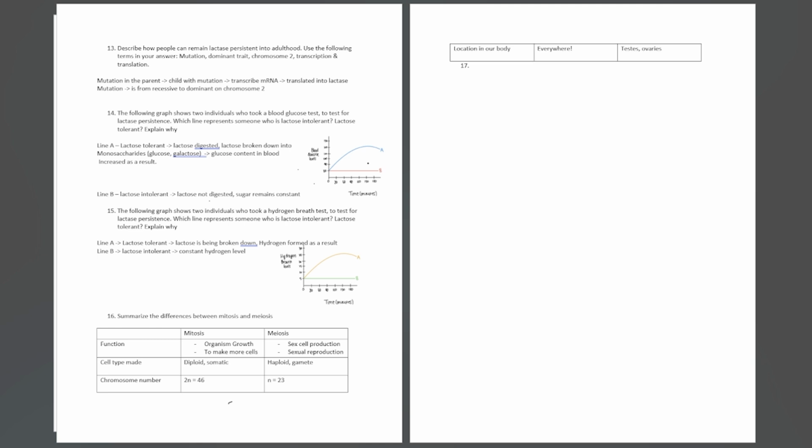For line A, we see a steady incline of glucose, and then a slow and steady decline towards the end. Line B tells us that the blood glucose levels remain constant, so there was no lactose that was digested. So we just have the lactose.